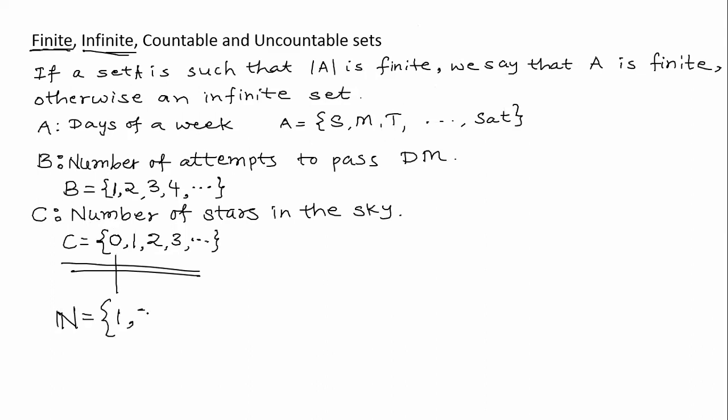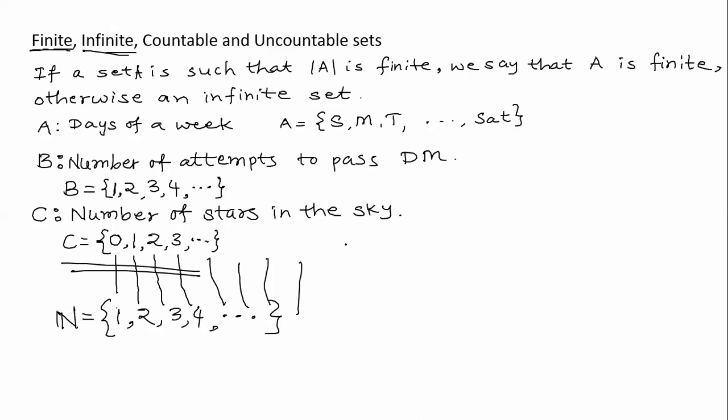Let us have the set of natural numbers 1, 2, 3, 4 like that. So the first element in C, 0, corresponds to the first natural number 1. The second element in set C, that is 1, corresponds to the second natural number 2. The third element in C, that is 2, corresponds to the third natural number 3, and so on. Yes, one-to-one correspondence is there.